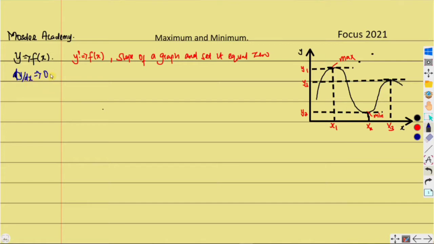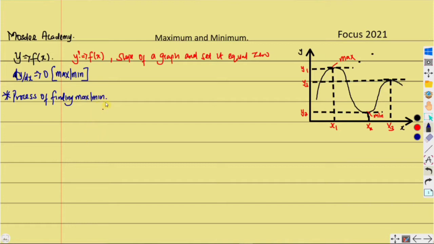So what we're saying is that to get the maximum and minimum value, all we need to do is differentiate the function, or find the slope of the function, and that will give us the point of maximum and minimum. We can quickly talk about the process of finding the maximum and minimum of a curve, a quick one, before we go into examples.